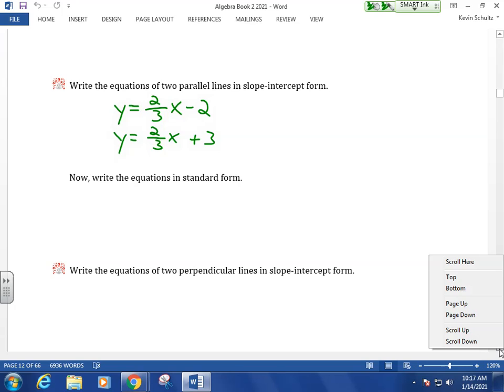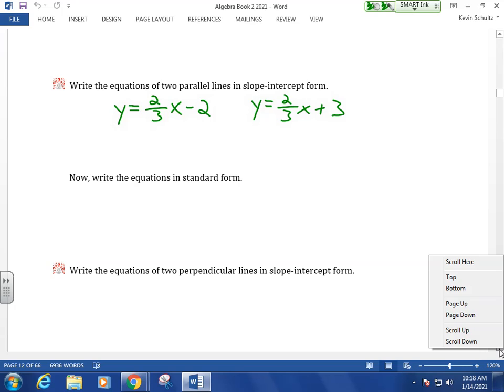Okay? It says now write the equations in standard form, which maybe it would have behooved us to not use a fraction slope there, because in standard form, you might recall, there's that thing about not having fractions and we're going to have to multiply. But that's okay. Actually, I'm going to write the second one to the right of this one.